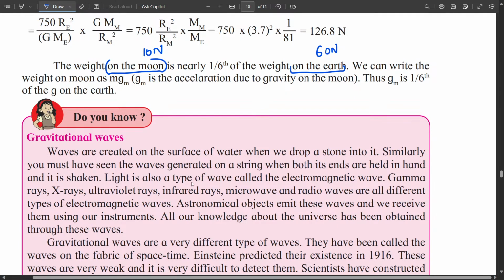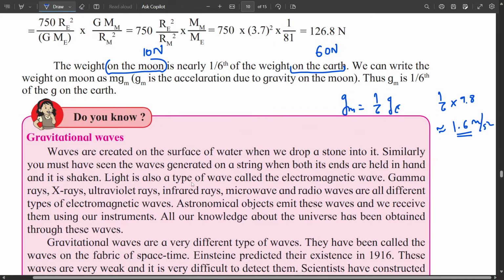This is because the gravitational acceleration of the moon is 1/6 of the gravitational acceleration of Earth. So it is 1/6 into 9.8, which is approximately 1.6 meter per second square.